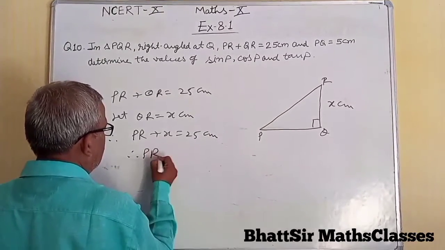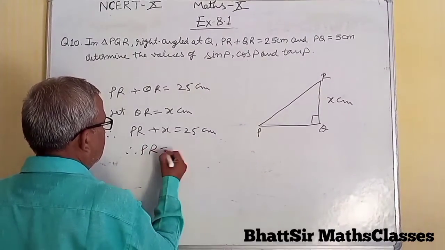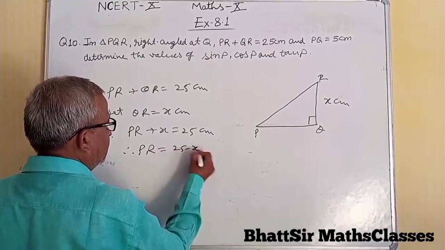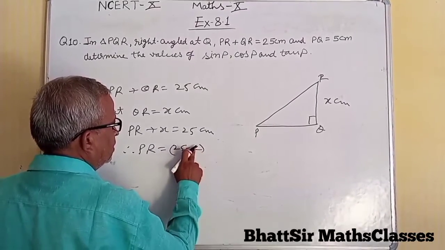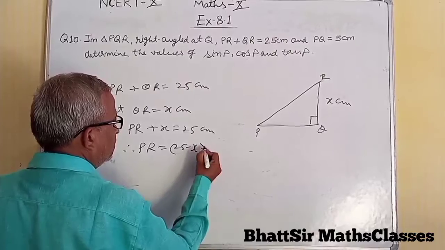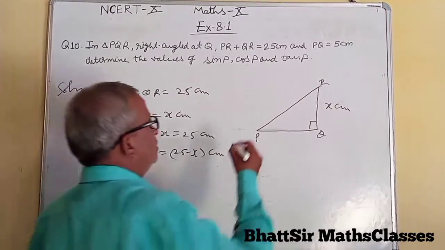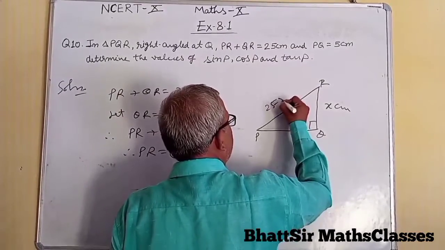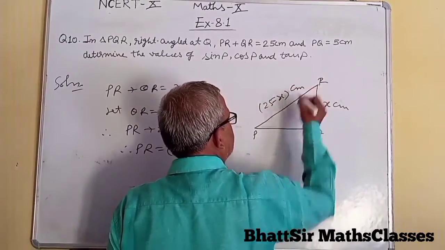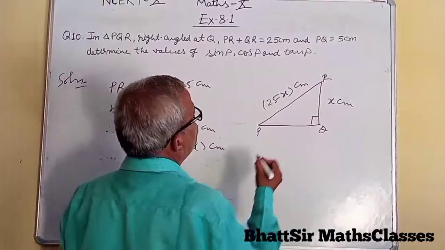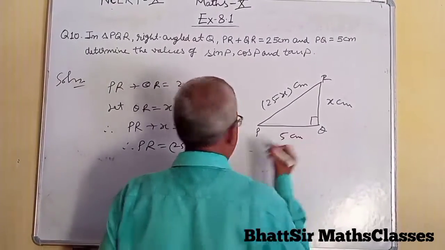Therefore, PR equal to 25 minus X centimeter. So PR is 25 minus X centimeter and PQ is 5 centimeter.